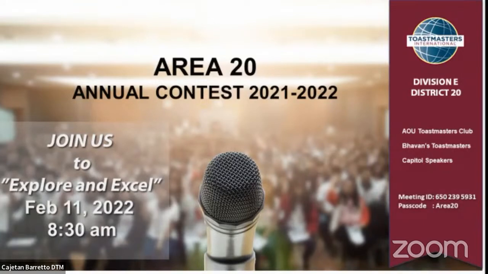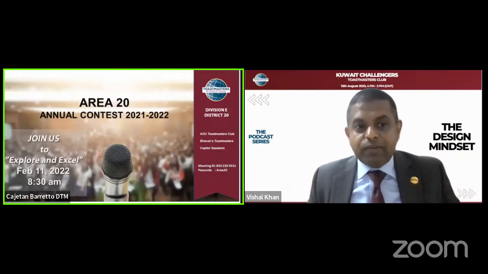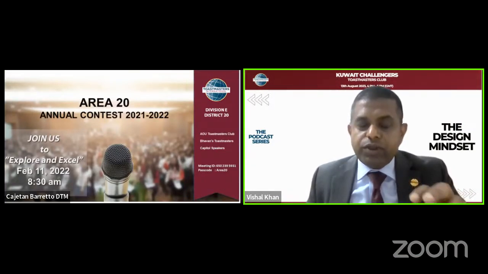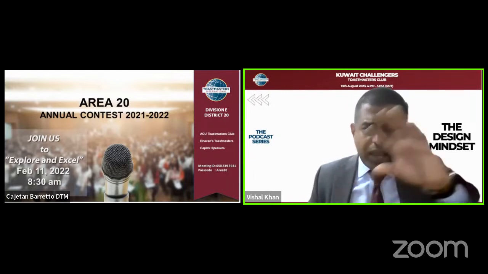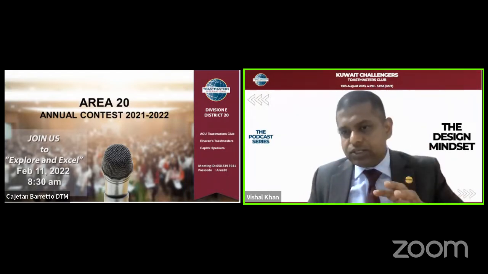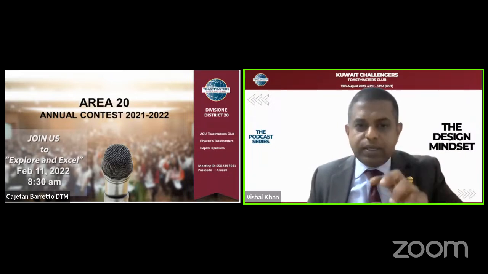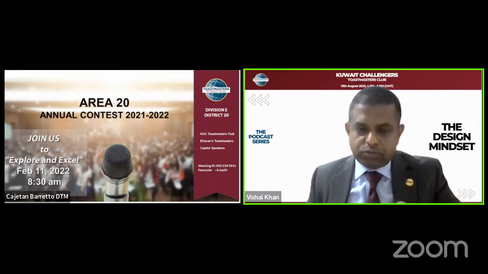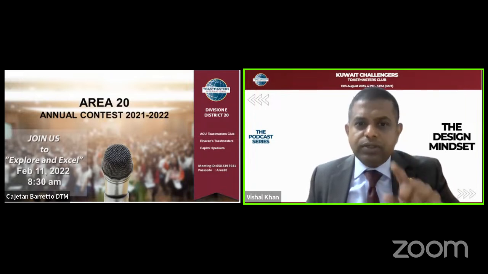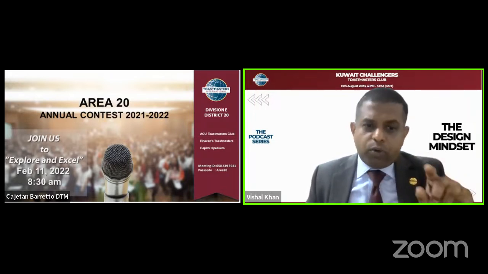Now, in this poster, we have emphasized the more important messages. As you can see, all the elements, or let's say all the graphics over here, are important, right? The Area 20, the year, the Explore and Excel, the time, the passcode are important.